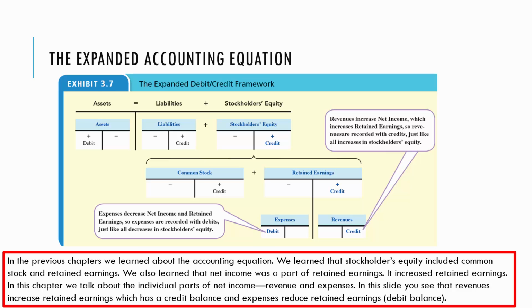I'm going to listen hard. I know there's someone out there that's going to say the decrease is going to be dividends. Yes. So dividends also will have a natural debit balance. So expenses tend to be debits, and dividends, when we show dividends, will also show up as debits.